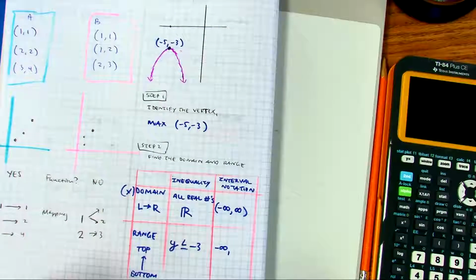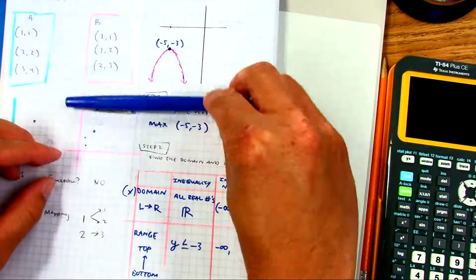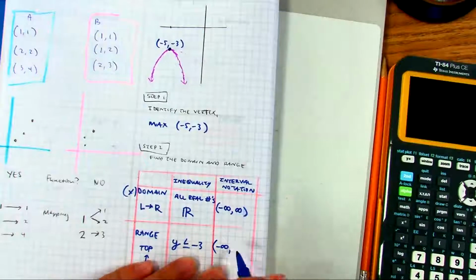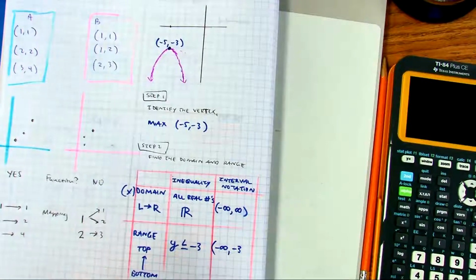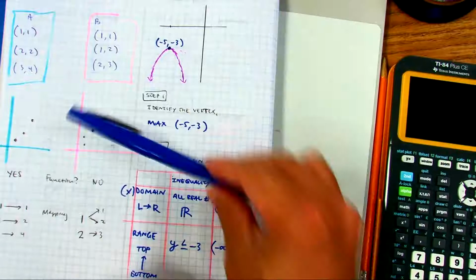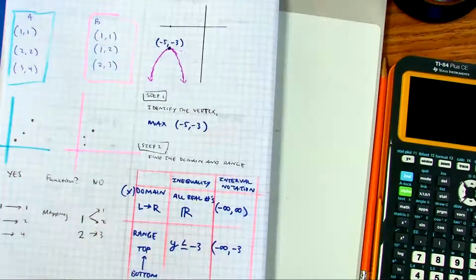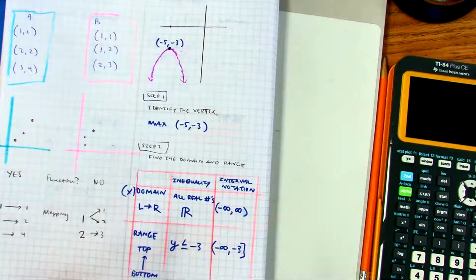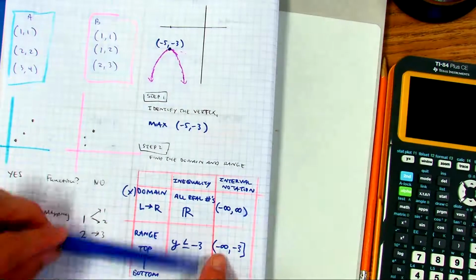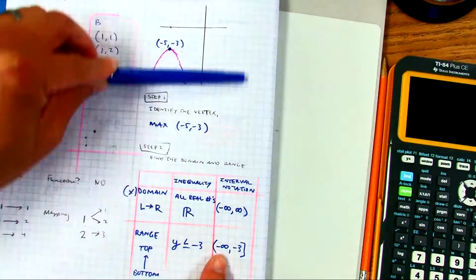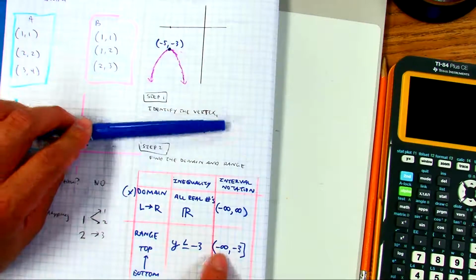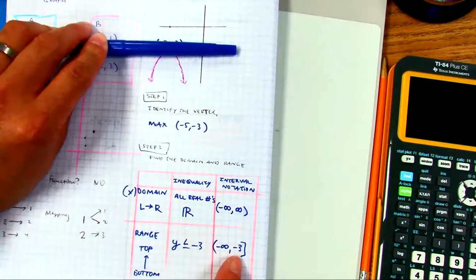Where am I ending, class? Is that going to be a parentheses or a bracket? Yeah, a bracket is the same thing as equals to. What does this mean? It says all of my answers are going to be from negative infinity to -3 and including -3. Remember, this is the bottom and this is the top. Okay? You are required to know both of those notations.